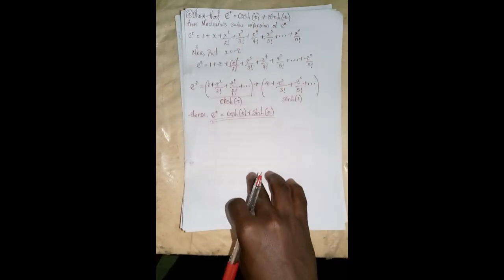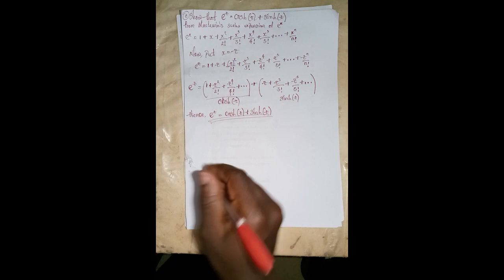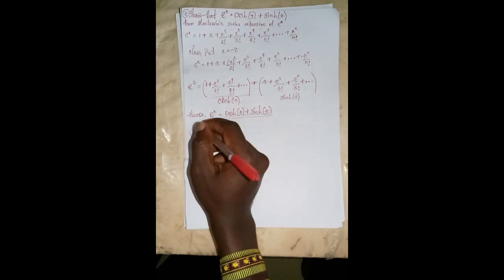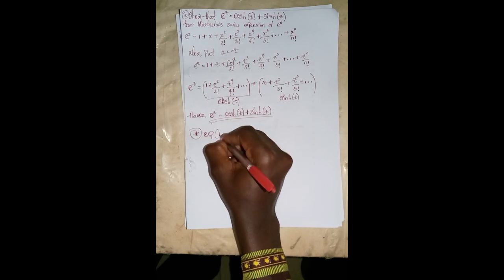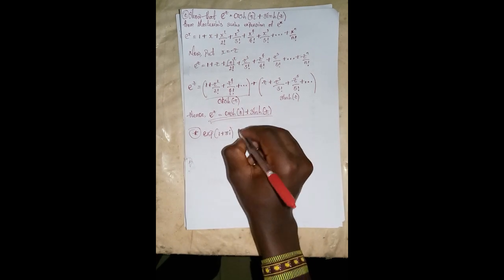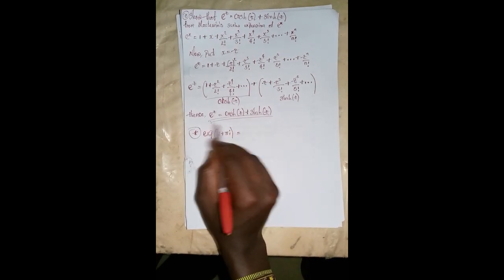See, it's very easy to prove this. Now I'll be doing the last one. Let's start. For the last one, we have to evaluate the exponent of 1 plus pi i. To evaluate this, we make use of the exponential laws.